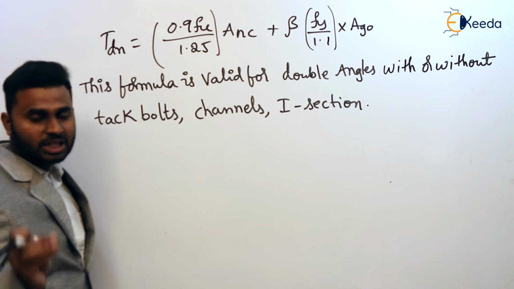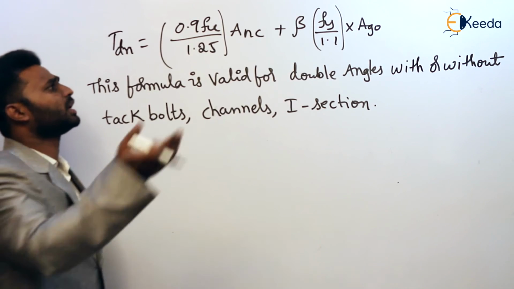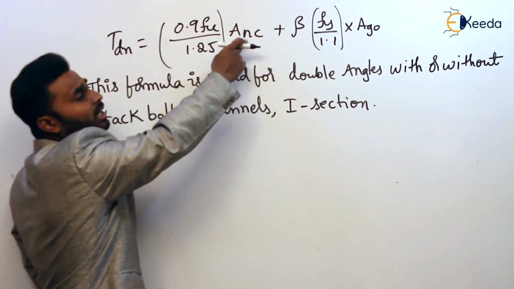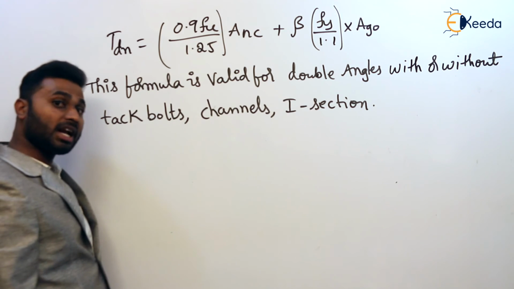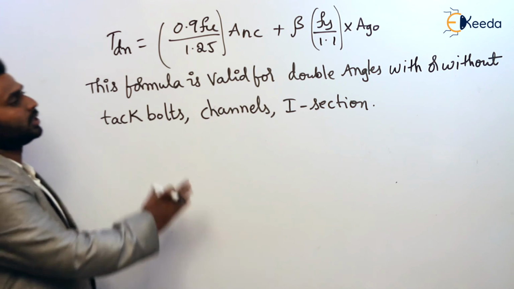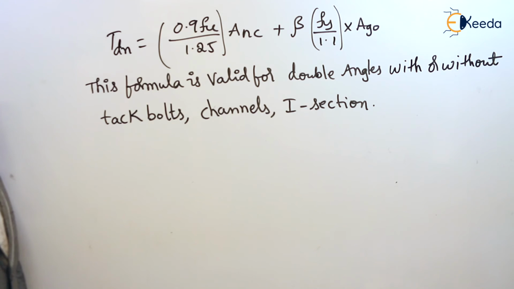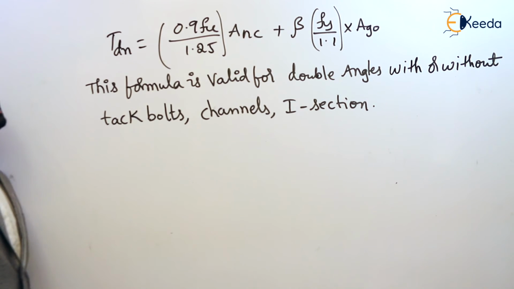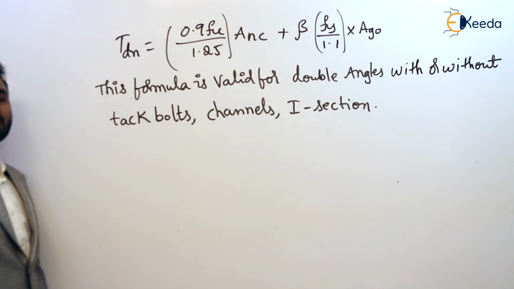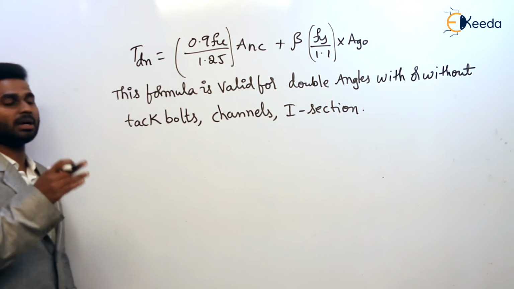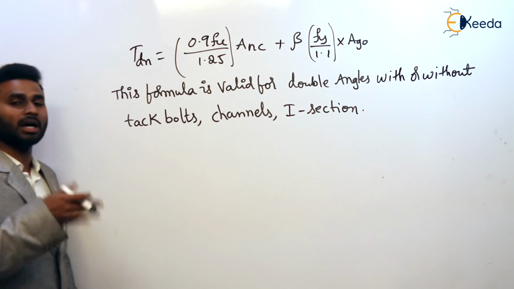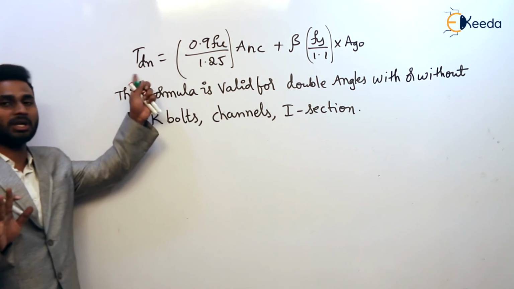If welding is provided, then there is no hole, so simply provide the gross area here for the connected leg also. No need to provide net area if it is a welded connection. Clear? So this is the design tensile strength in net section rupture for plates, angles, I sections, channels and double angles, whether they are tack bolted or not. For everything the same formula is valid.